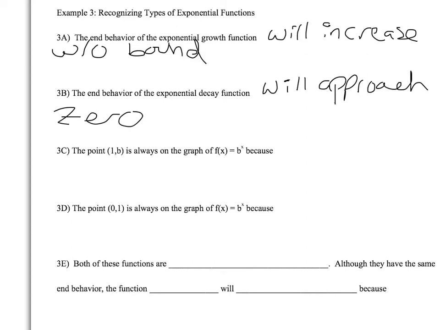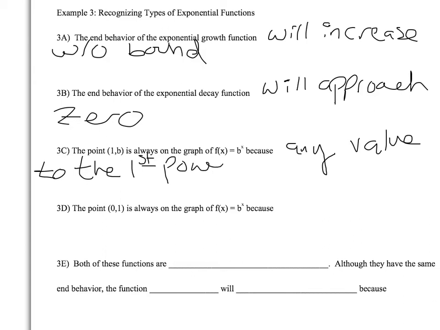The point 1, b is always on the graph. If you look at both of those graphs, that point 1, b is on both of them. Well, it's going to be on all of them, and the reason is because any value to the first power, that's what the x stands for, the power, when you plug in, will always be itself.